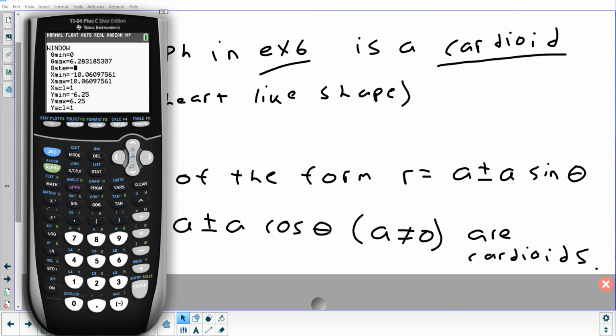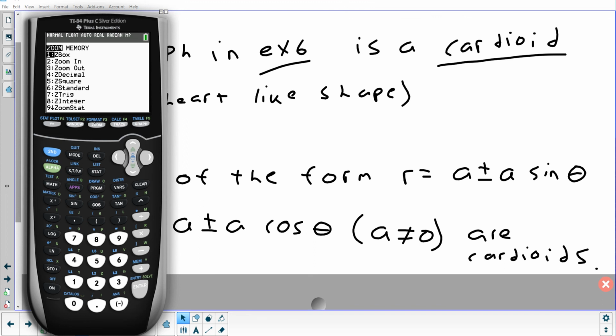No, that's bad. Because you're only going to get 0, 2, 4, 6. You're going to graph 4 points for this whole thing. Cardioids need way more points. So what would be a good value to go by? 0.1. If you go by 0.1, you're going to graph 10 points per integer, and you're going to end at 6.2. So you're going to have a little gap at the end, but that's not bad.